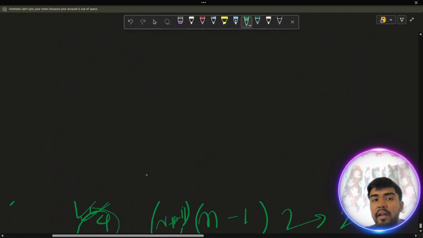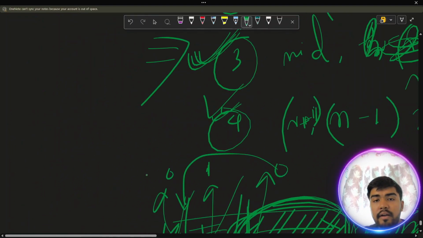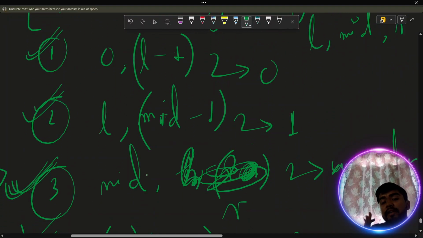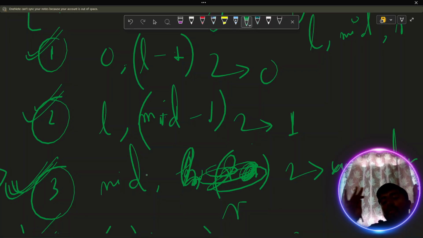We know our segment of L to mid minus 1 is all holding ones, and I have just put a 1 at the mid index, so my L to mid now are all ones, and we should go for mid plus 1.